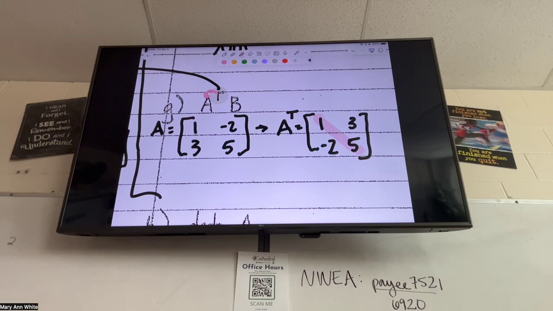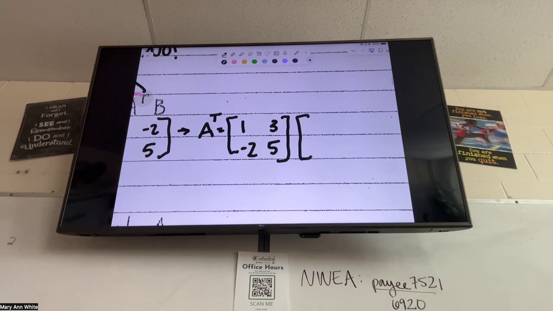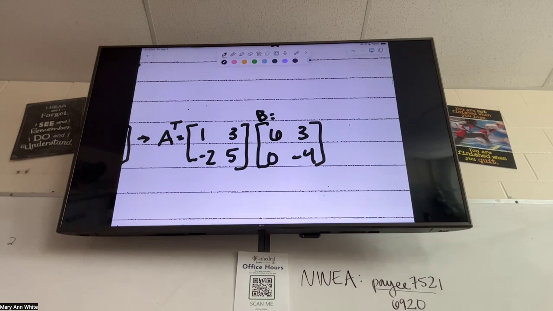Okay. So now we're going to take that and multiply it by B. And we know B is 6, 3, 0, -4. I'll just label it as B just in case we're confused. And we're going to multiply this just like we've multiplied the last two examples, okay? I'm going to be quiet, I'm going to do a little highlight, you can check in with me, but let's see if you can multiply just like I taught you.